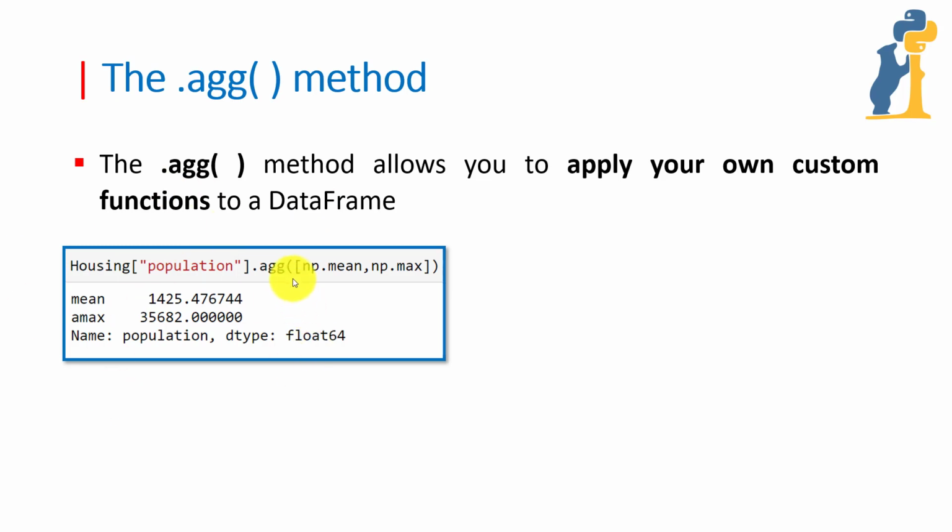Here you call the aggregate method and pass to it the names of the summary statistics you want, mean and max. This will return the mean value of the population column and the maximum value in the population column.